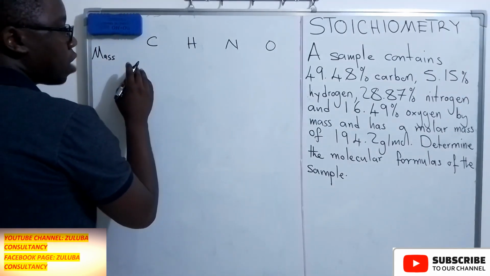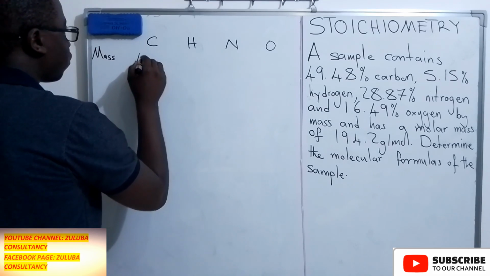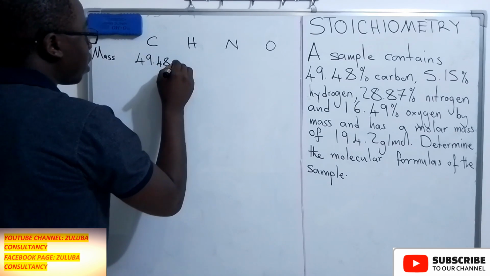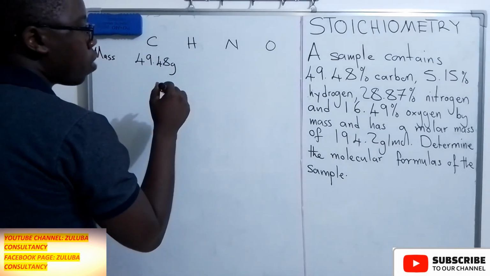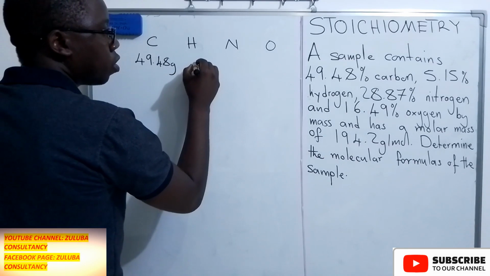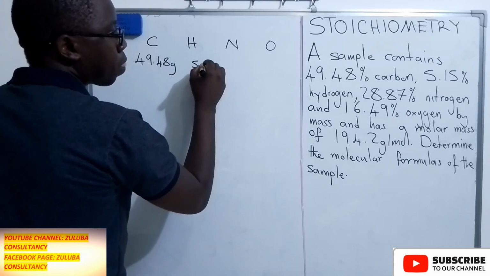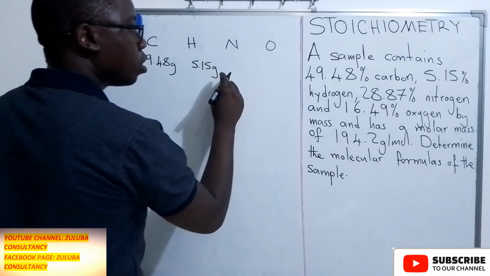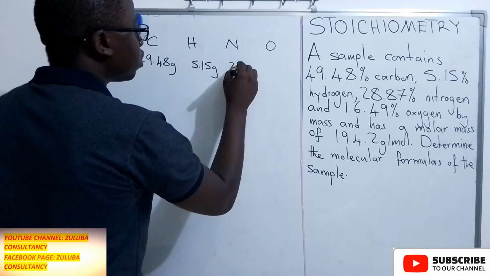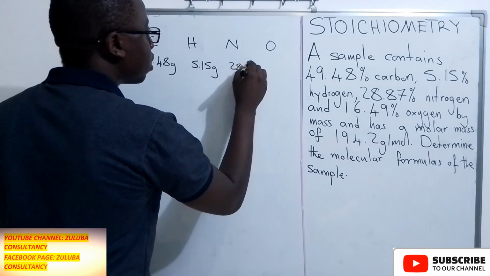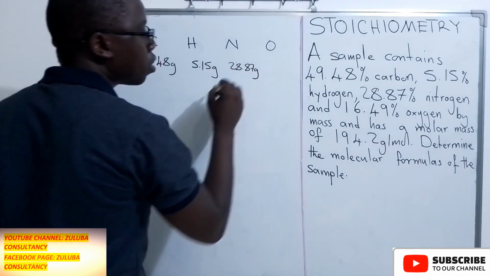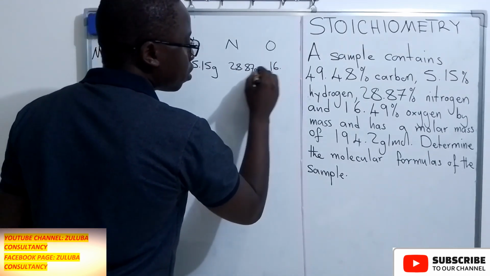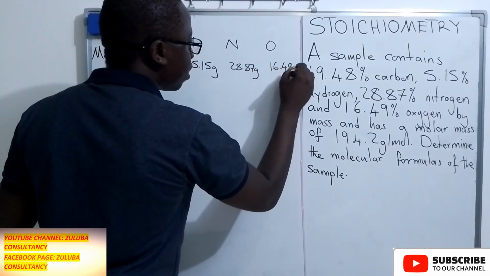The mass for carbon is 49.48 grams, hydrogen is 5.15 grams, nitrogen is 28.87 grams, and oxygen is 16.49 grams.